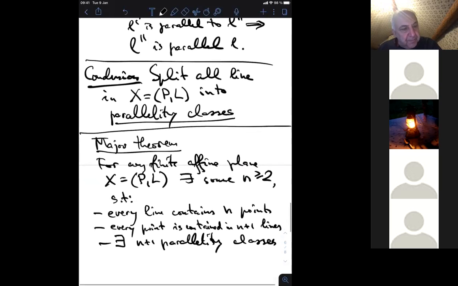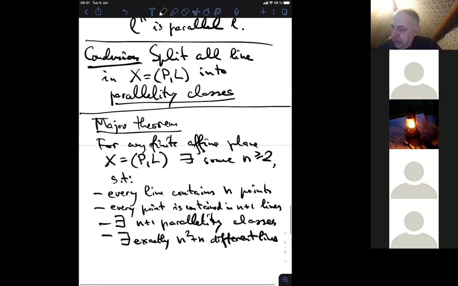There exist exactly n squared plus n different lines. And finally, there exist exactly n squared points in X.